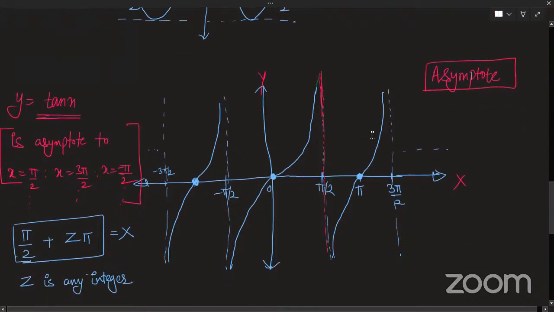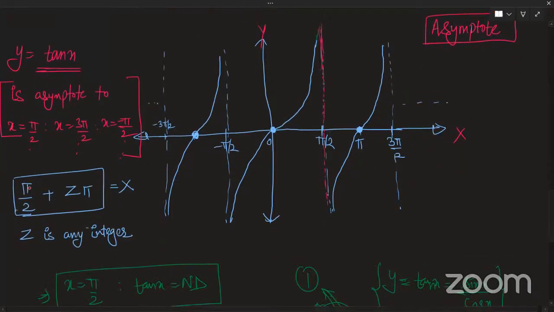And one thing more, y is equal to tan x is a periodic function. Periodic means it repeats from time to time. So the same thing that happens at pi by 2 will happen at 3 pi by 2 also, at minus pi by 2 also, and at minus 3 pi by 2 also. So I just generalized the formula, pi by 2 plus z pi, where z is any integer.